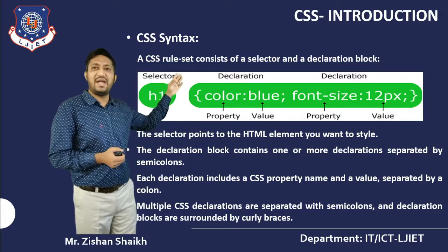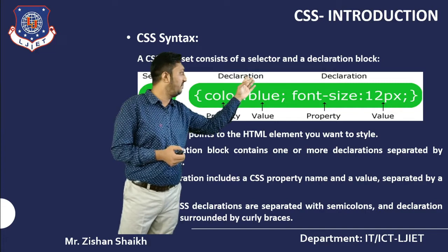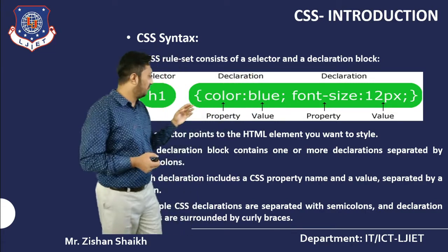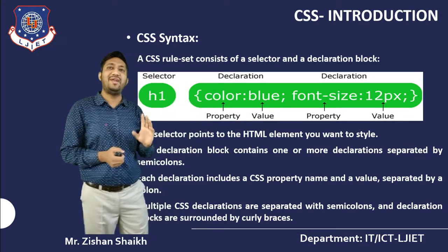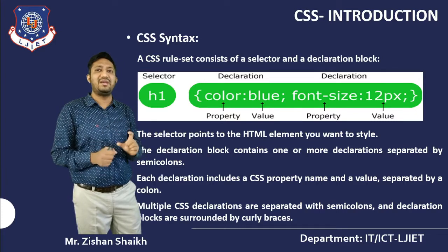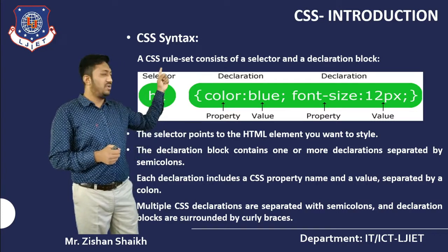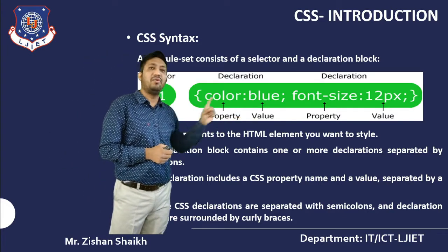There will be one selector. Then we have the declaration portion, and we can use multiple declarations with the help of property and value. When we are talking about CSS syntax, we have to remember three basic things: one, selector; second, property; and third, value.